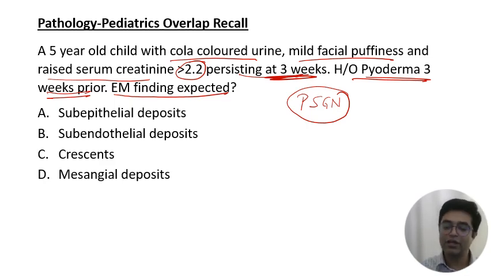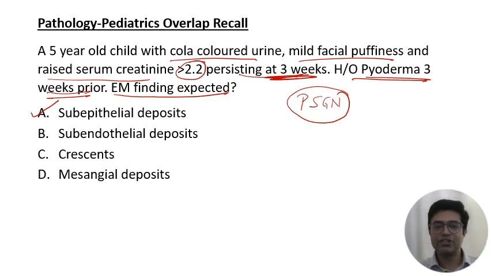So in this question, the more likely answer, if you ask almost any nephrologist, would be subepithelial deposit. It is the better answer. One of my close friends and colleagues, a pathologist, I discussed with her and she was very candid in that.